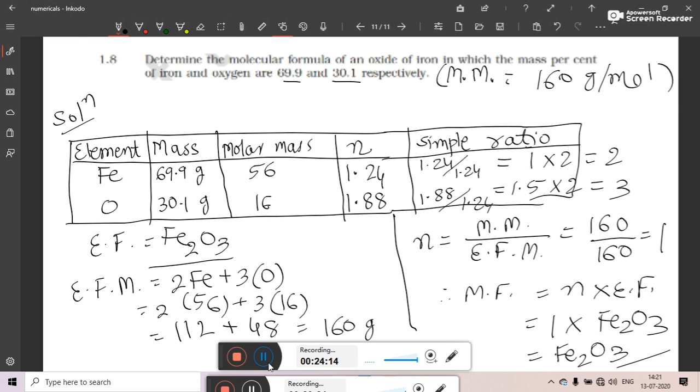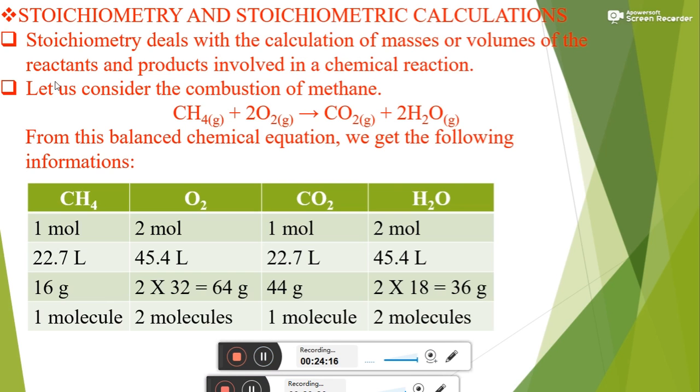Now the next topic is stoichiometry and stoichiometric calculations. What is stoichiometry? Stoichiometry deals with the calculation of masses or volumes of the reactants and products involved in a chemical reaction.